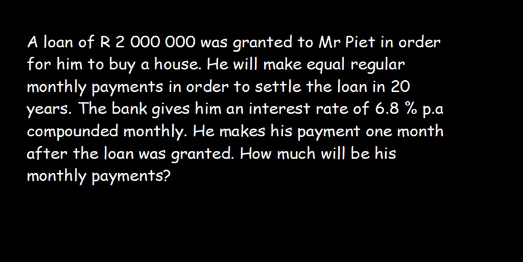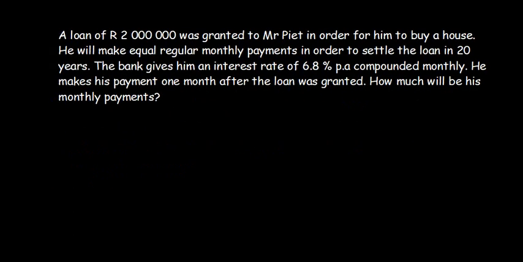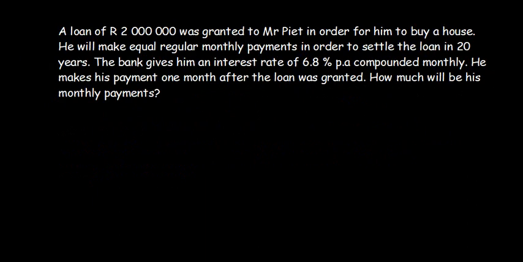So we started very easy like this, so that at least we can go along quite nicely. You have a loan of 2 million rands that was granted to Mr. Pete in order for him to buy a house. So you will be making equal regular monthly payments. I know you do English, good people, as it's maths here.